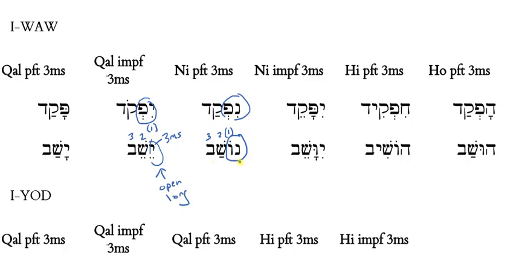Noshav, he was settled. Okay, now the nifal imperfect is yipakeid for the strong verb. And look what I have here. I have yivashev. Notice that this is not a shurik. That vav has its own vowel, kametz, underneath it. And so this dot is in fact a dagesh forte, just as we had a dagesh forte in root 1 of the strong verb.